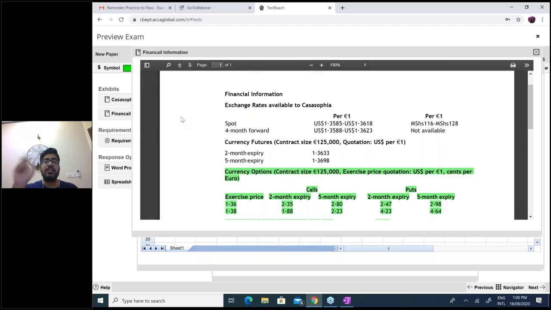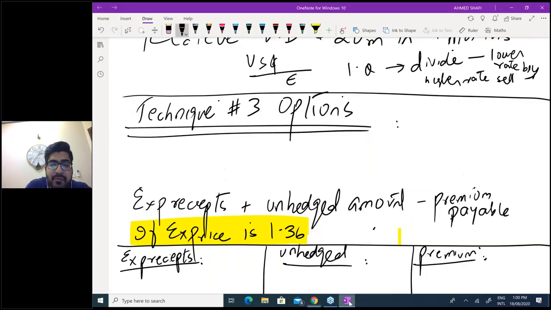But selling dollars means, in Europe, if you're selling dollars, what are you taking? Euros. Buying euros, selling dollars. Since he is giving contract size in euros, you are not selling euros, you are buying euros. You will use call option in receipts. So 5-month call option is the relevant rate, and 5-month call option at 1.36 means your relevant figure is 2.8. Repeat.